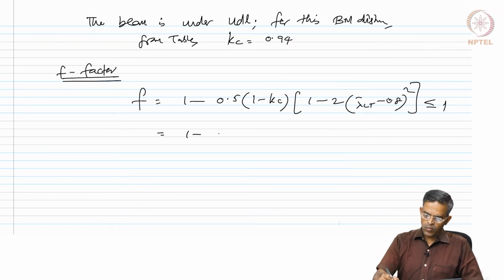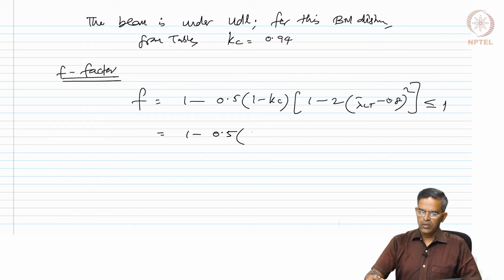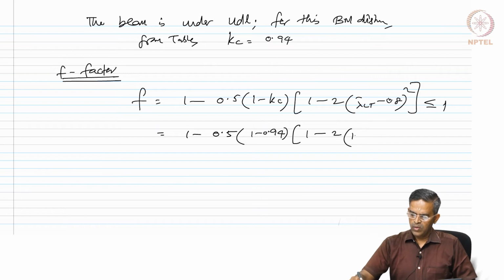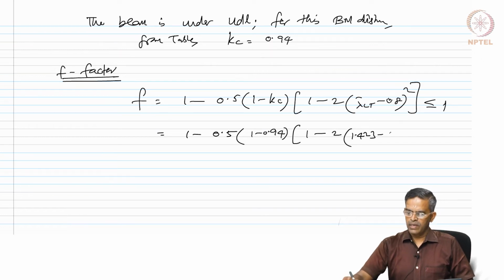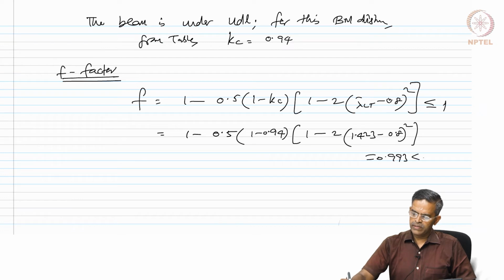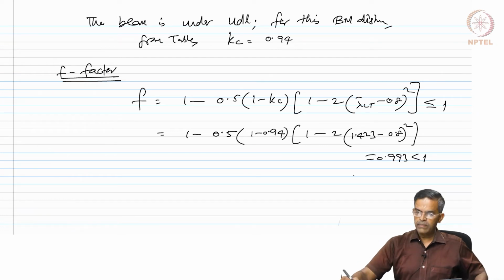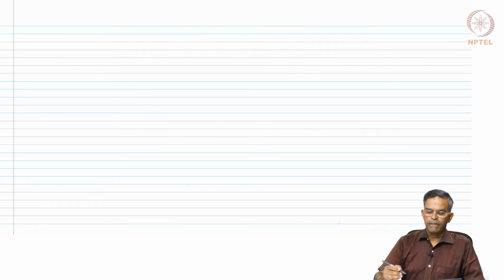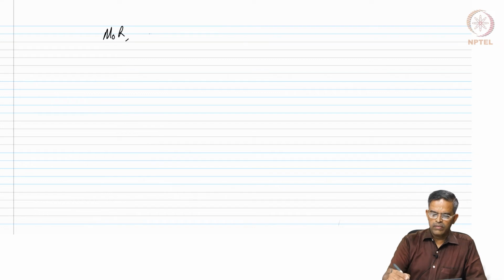Let us check. 1 minus 0.5 times of 1 minus 0.94 of 1 minus twice of 1.423 minus 0.8 the whole square, we get this value as 0.993, which is less than 1. So, F factor is now computed. Therefore, we can then find the MbRd.